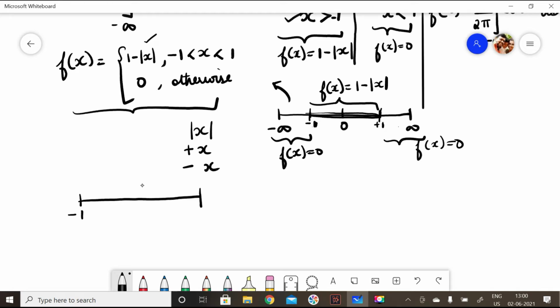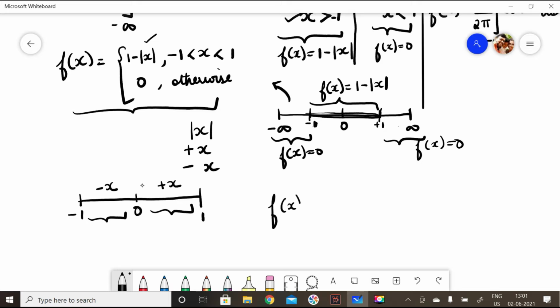I mark a center point 0. From 0 to minus 1, it will have the negative part, and from 0 to 1, the positive part, which means 0 to minus 1 it will have minus x, and 0 to 1 it will have plus x. So how do I write this?